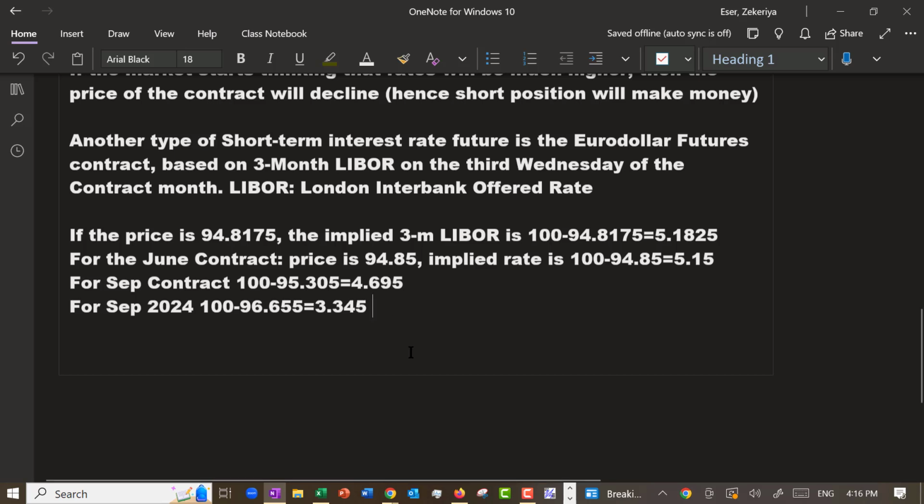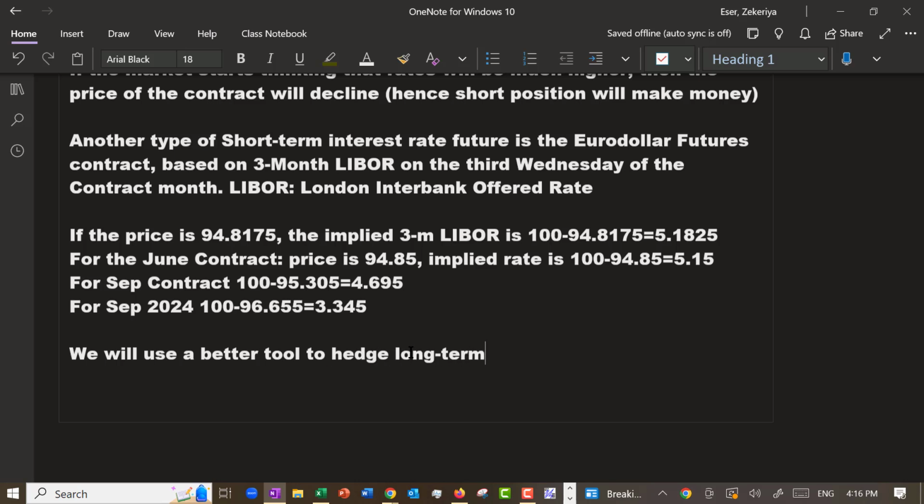But we will use a better tool to hedge long-term interest rate exposure: swap contracts. I'll get the idea started today, and we'll actually do it next week.